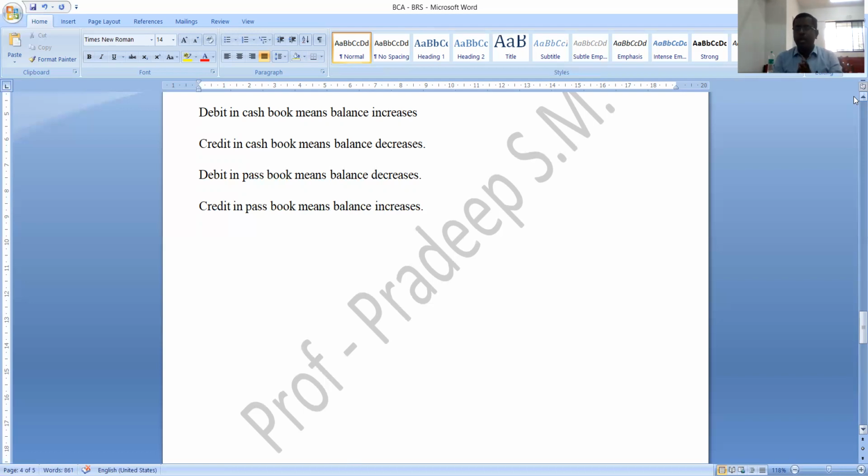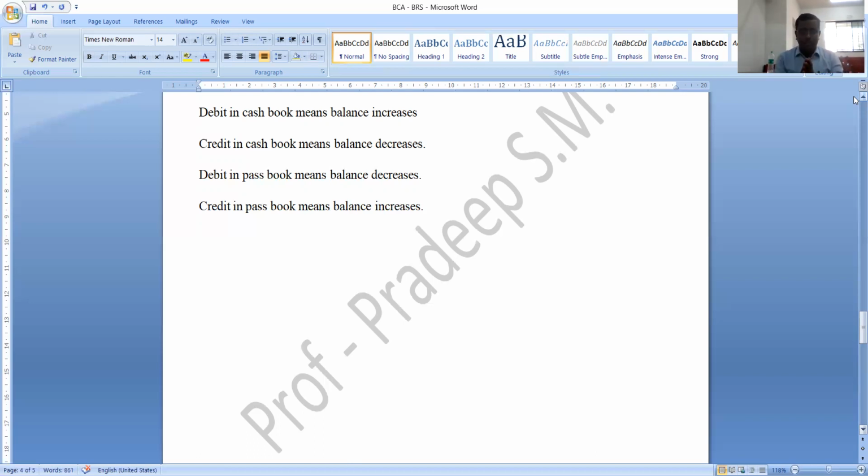What you people should do is assume that they have given the cash book balance only, and you are going to find out the passbook balance. With that imagination, you need to assign plus and minus signs to all the transactions. Later, you just need to interchange the signs. By that, you will get the bank balance as per cash book from the bank balance as per passbook.